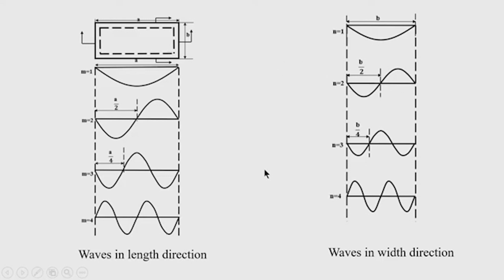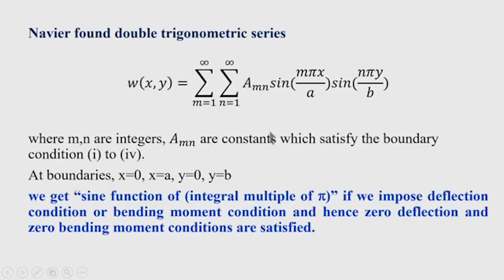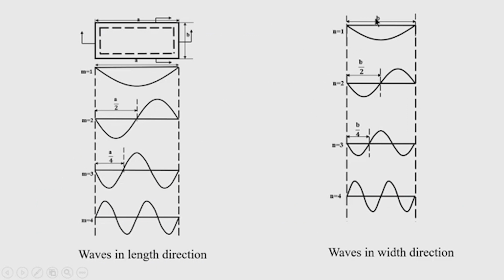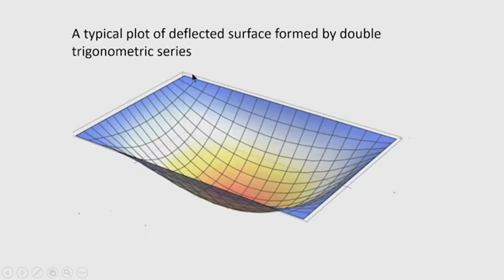So, what is the Navier solution? The Navier solution is the product of 2 half waves and their summation. So, superimposing the products of 2 half waves and summing them, you will get the deflected surface. A typical plot of the deflected surface of a simply supported plate looks like that.